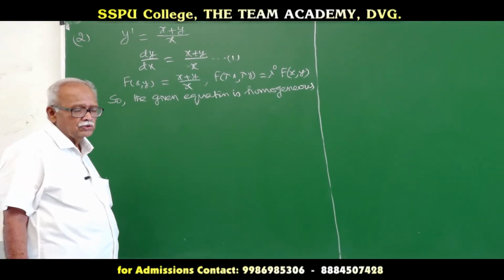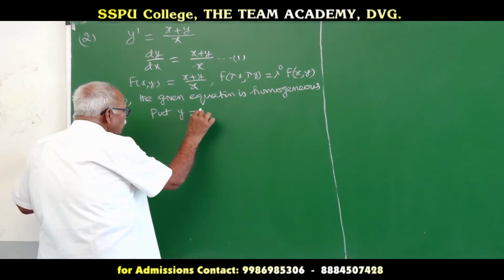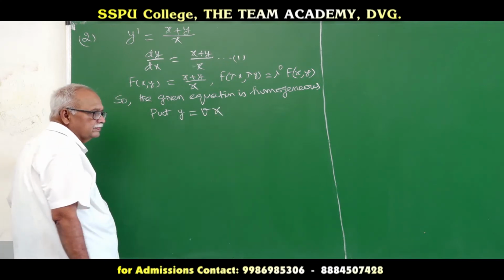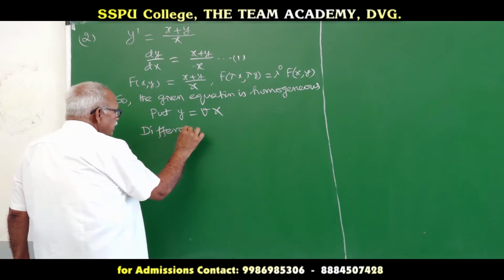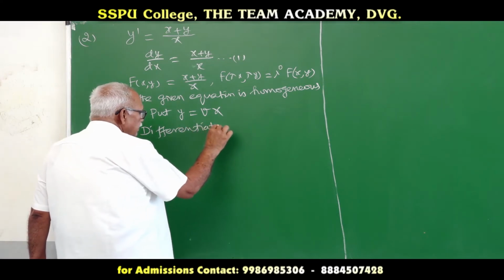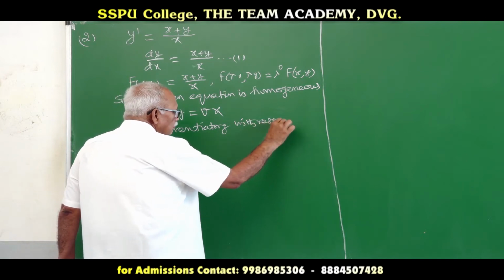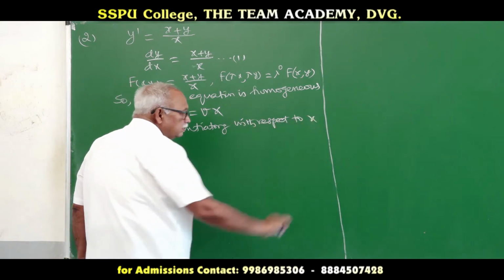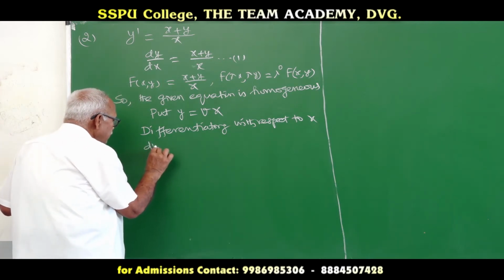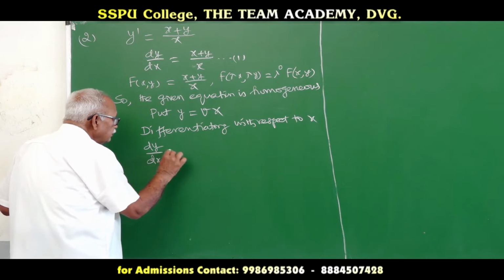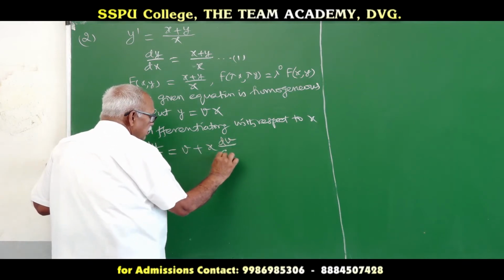Now the next step, first we have proved that it is homogeneous. Next what we have to do, take the substitution, put y is equal to vx, differentiating this with respect to x, dy by dx is equal to v plus x into dv by dx.